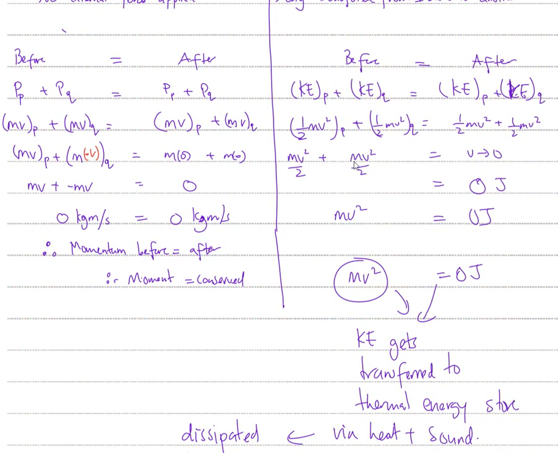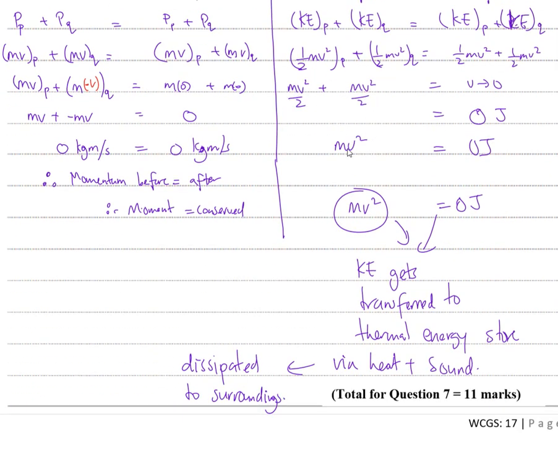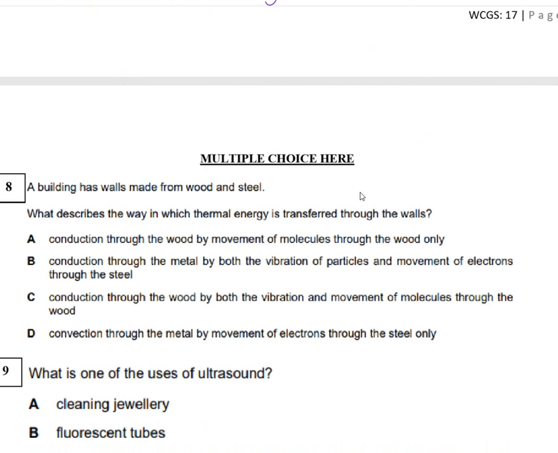That's why I went back and deleted this. So you add them together, you have kinetic energy at the start, and then you get to 0. So all that kinetic energy must have been transferred to thermal energy by heat and sound. Hopefully this makes sense.